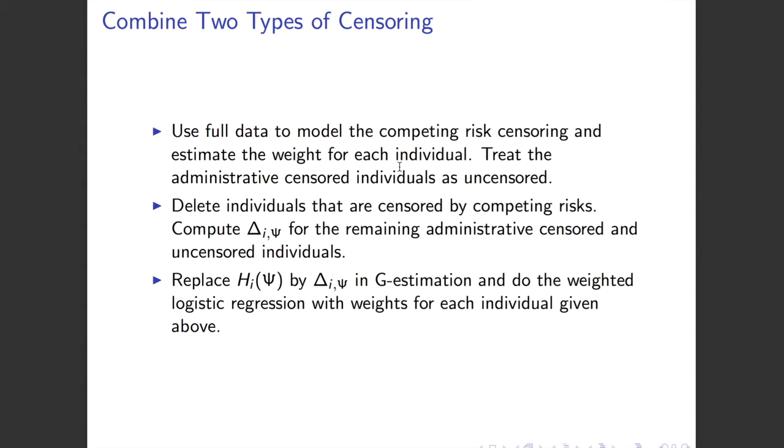Okay, so this process is described in a paper by Miguel Hernan and others called Structural Accelerated Failure Time Models for Survival Analysis in Studies with Time-Varying Treatments. They actually show the generalized estimating equation that is equivalent to doing this type of grid search for psi to get the right psi.